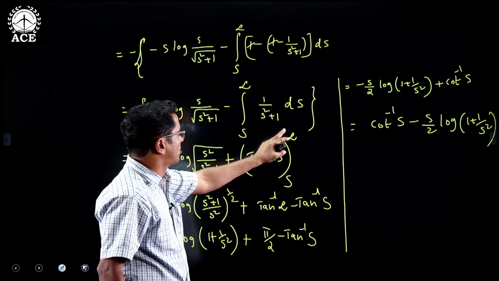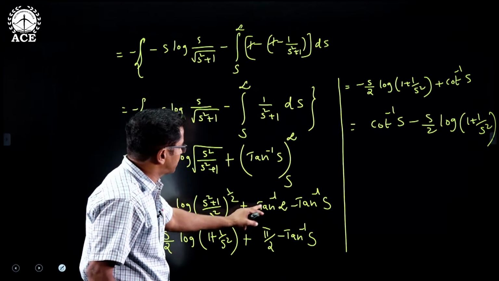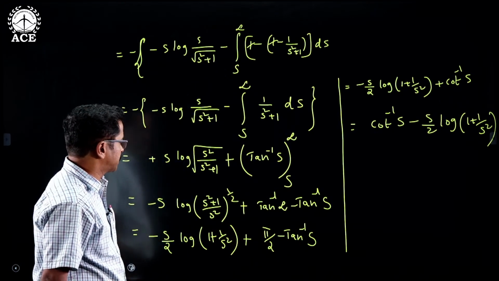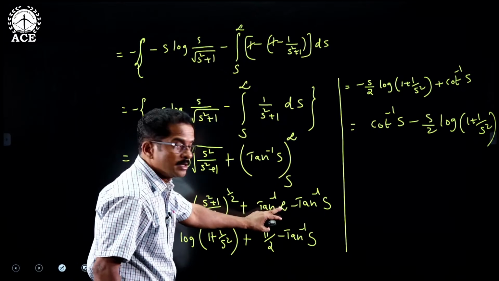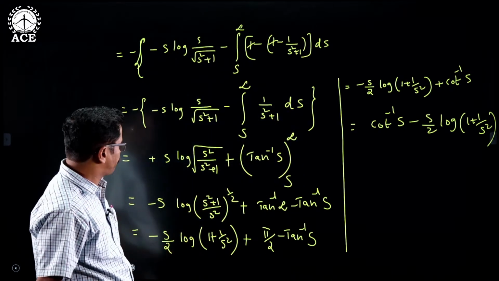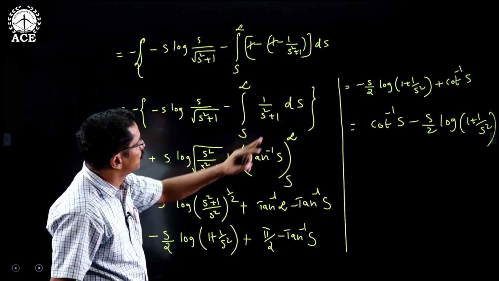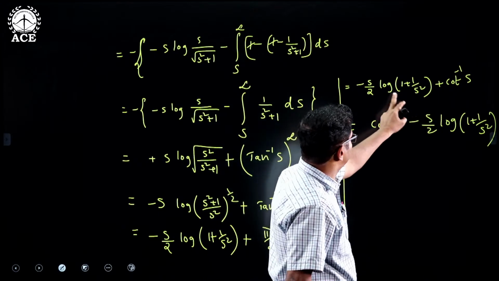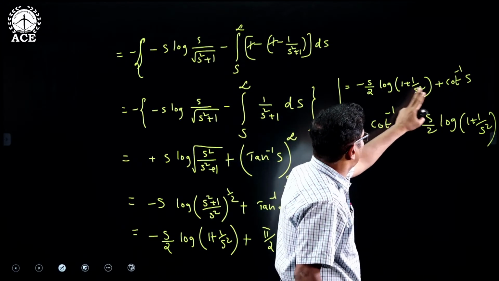and tan inverse s over the limits s to infinity is tan inverse infinity minus tan inverse s, which is going to be pi by 2 minus tan inverse s, as tan inverse infinity is pi by 2. Pi by 2 minus tan inverse s is cot inverse s. So minus s by 2 into log of 1 plus 1 by s square plus cot inverse s.